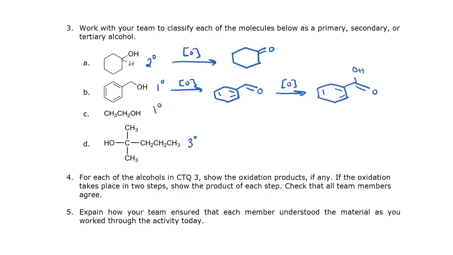So this was a primary alcohol, so its oxidation takes place in 2 steps. First, we make the double bond between this O and this carbon. So I've lost this hydrogen and this one to create a double bond there. And then I've added an oxygen in the second step. Now, this might look kind of strange, and it looks strange to me.